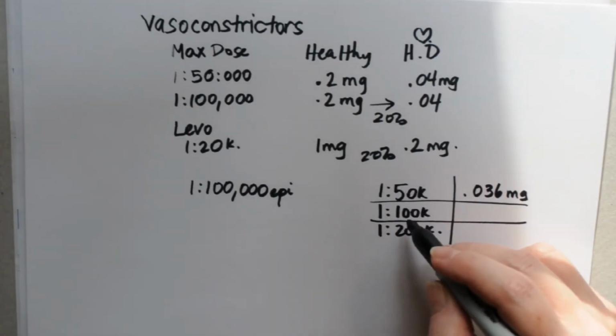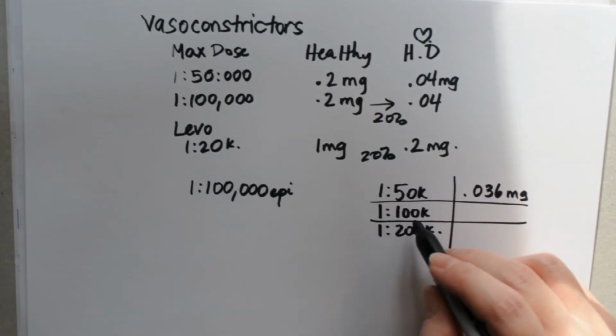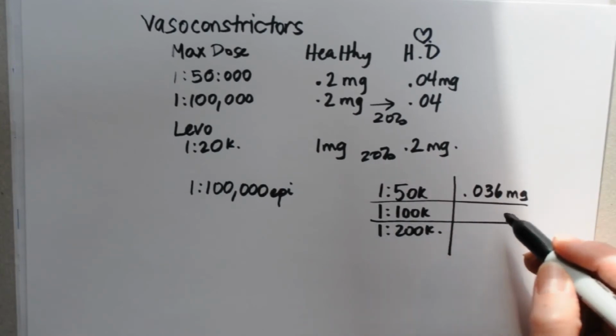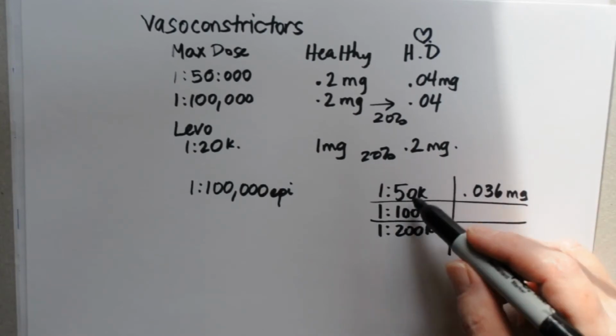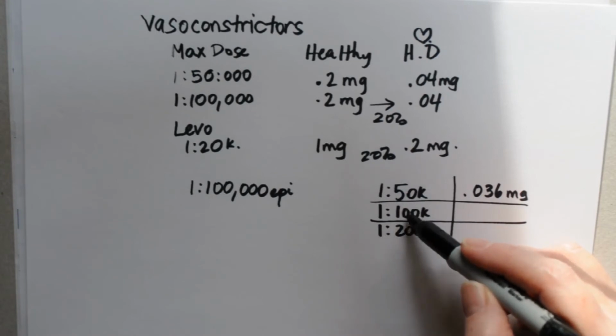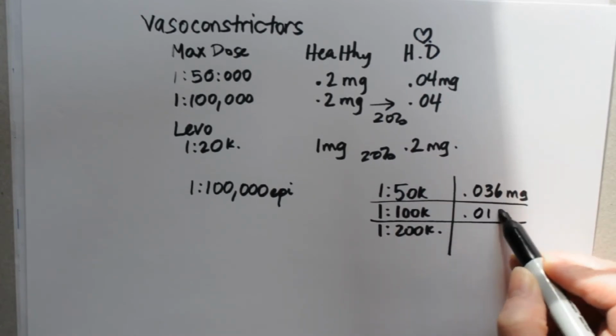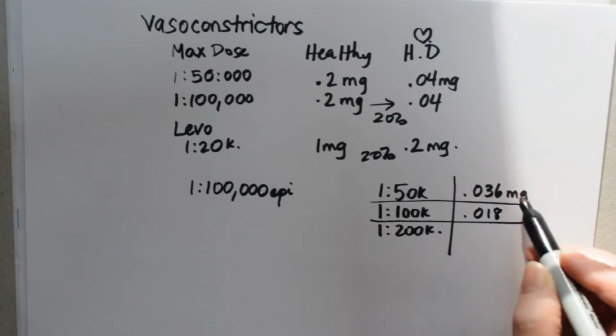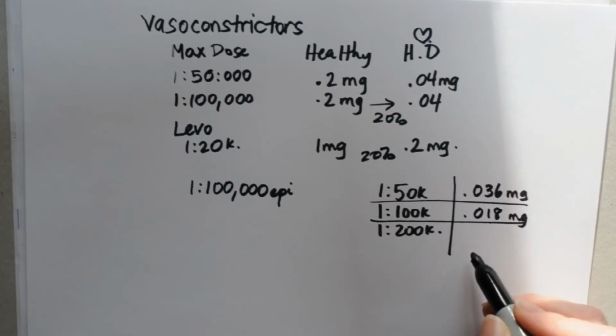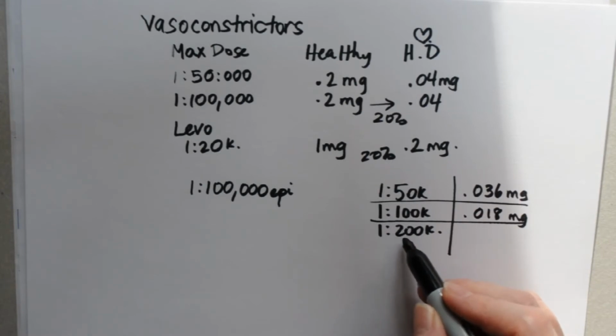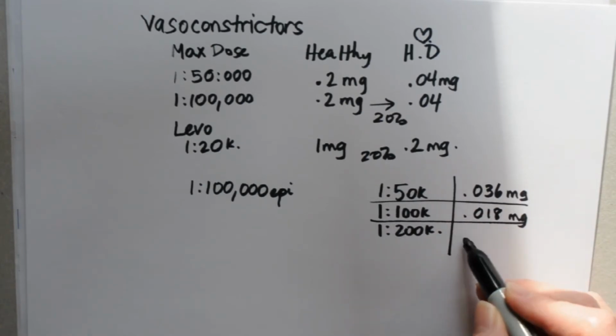When we double it, which is actually halving it really in terms of concentration, but for ease of this, let's say that we're doubling this number, we're going to half this number. So we now have 0.018, which is half of this one. We're going to double 100 to 200, and we're going to half this again.